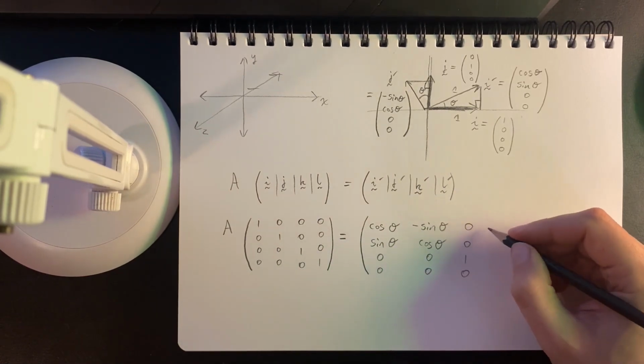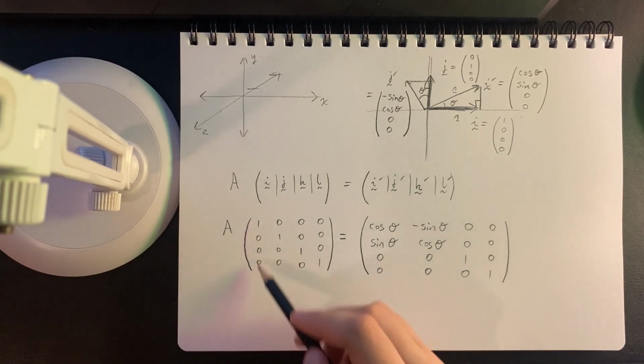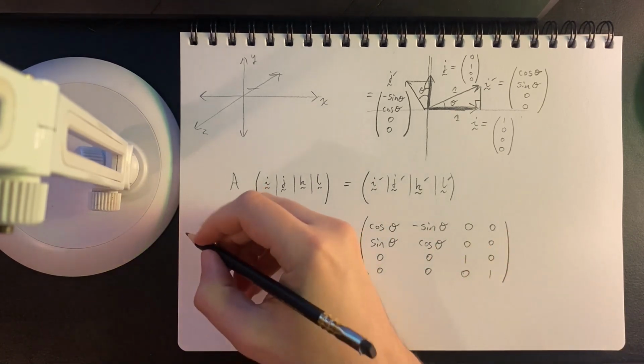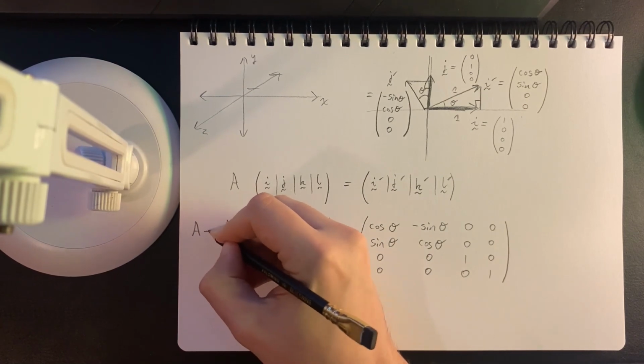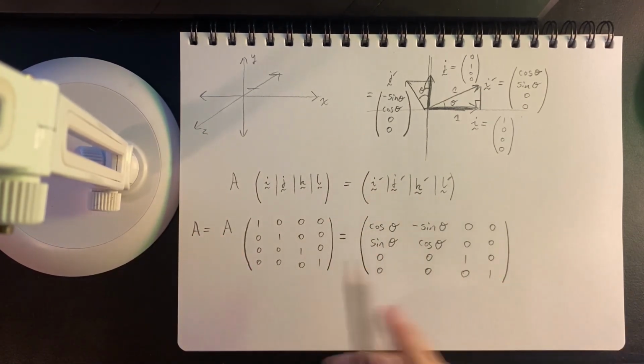Similarly with the W, rotation doesn't really change that, so we'll just keep that there. Now, this is the trick. We took the basis vectors, we worked out their image under the transformation, and if we inspect this, we see that this is A times the identity, which is the same thing as A. And so this matrix here is the matrix for the rotation around the z-axis.